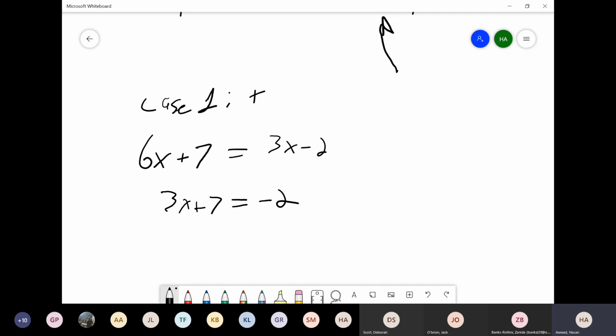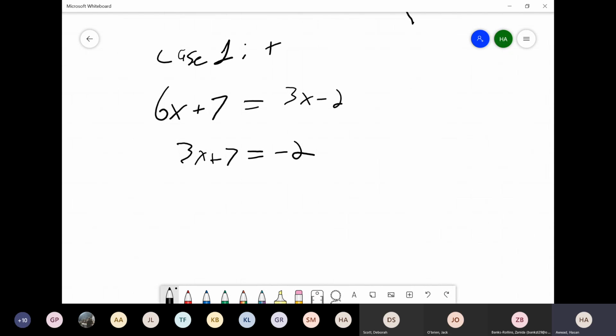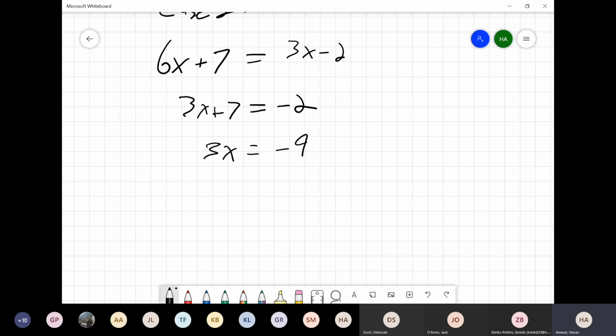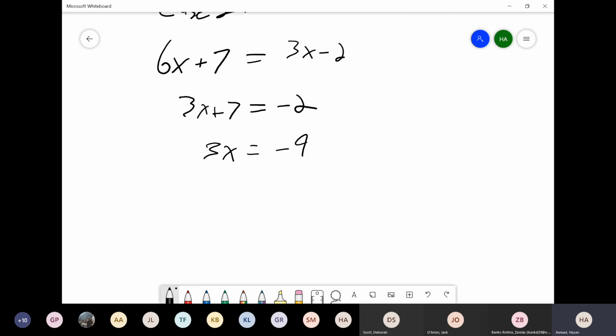We're going to subtract 7 from both sides. So subtracting 7, we get 3x is equal to negative 9, right? Negative 2 is already a negative number. We're taking 7 away from a negative number, it becomes a bigger negative number, so negative 9. And now we're just going to divide by 3 on both sides, and we end up with x is equal to negative 3, right?